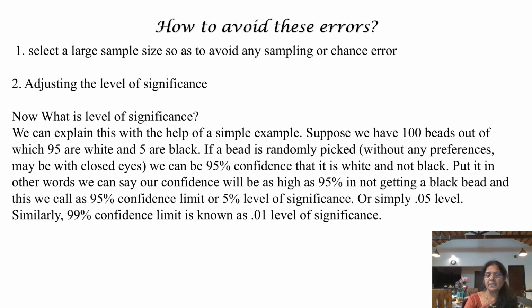So this is called the level of significance. So by adjusting the level of significance, the researcher can avoid the type 1 error or the type 2 error, which we will be discussing in the next video with a suitable example. You will know it much better.